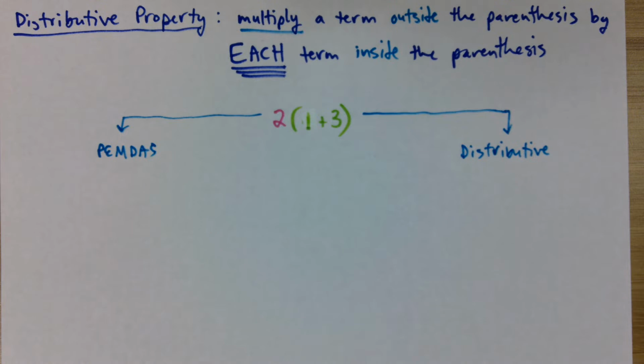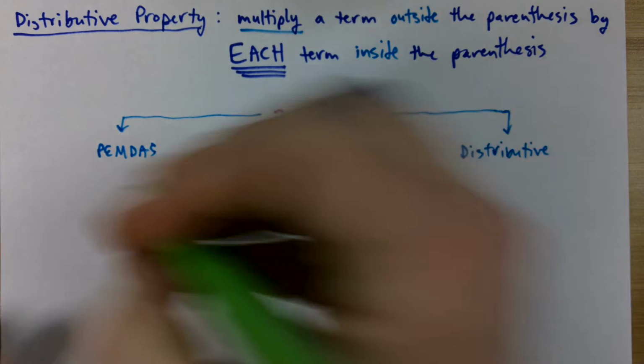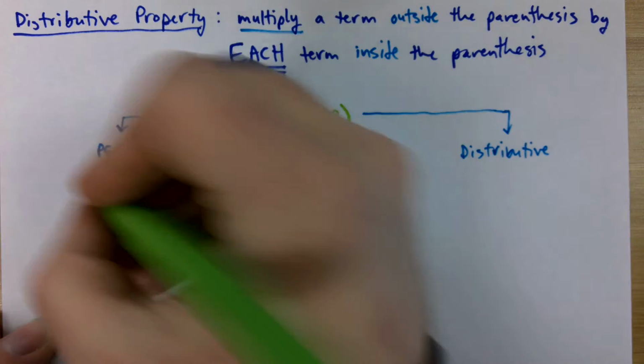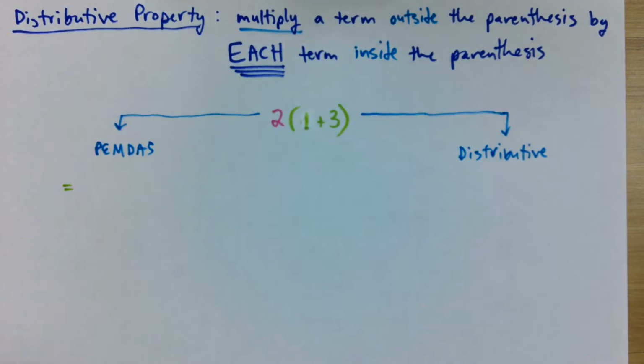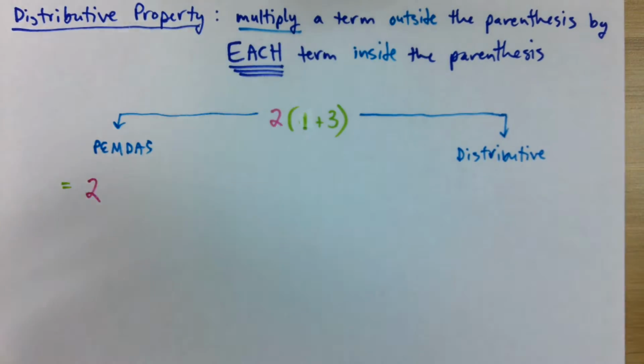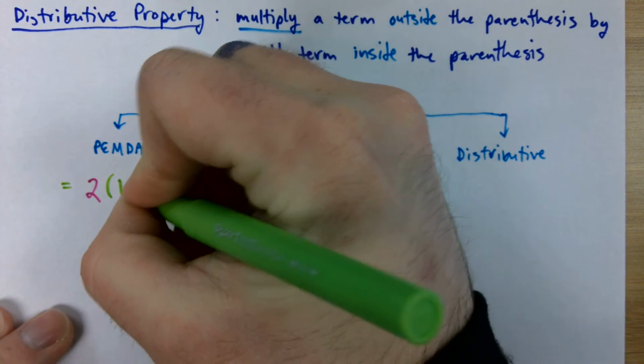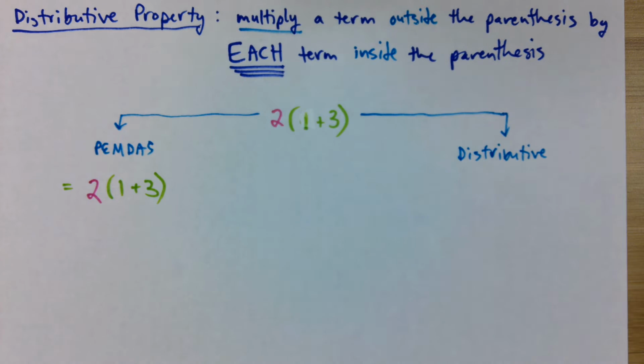So we're going to look at solving this using PEMDAS, which we're all familiar with, and then we're going to look at solving this using the distributive property. So, we've got 2 times 1 plus 3. This is just a little refresher on what the distributive property is going to look like.